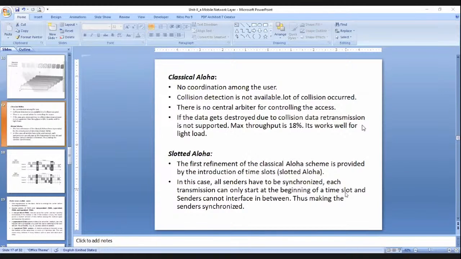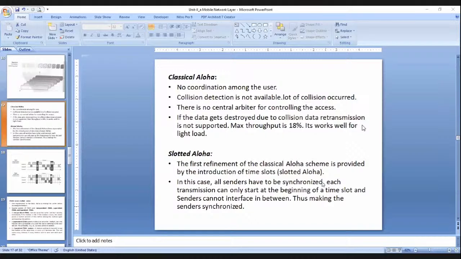According to the time slot, you need to initiate the process of sending the data, thus making the senders synchronized. Whenever you have a time slot, only then can you send the data. If you don't have a time slot allotted, then you will be in a waiting state. So everything will be in a synchronized way. When there is a request to send the information, then it will be opened.